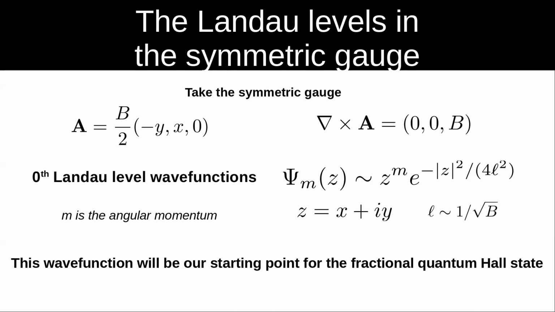And the big deal of this gauge is that in this gauge, you can actually show that the eigenstates are just powers of a new variable that is what we call the complex coordinate in real space. So you can take a coordinate that is x plus i y, and you can actually show that in this gauge, the eigenstates of the Hamiltonian are essentially this z to the mth power times a Gaussian envelope.